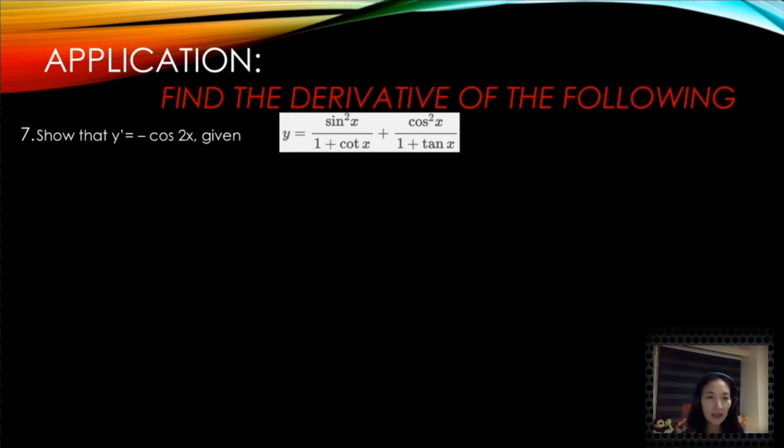first simplify the given. So take note that we have two quotients. The first fraction is sine squared x over 1 plus cotangent x, and the second fraction is cosine squared x over 1 plus tangent x.